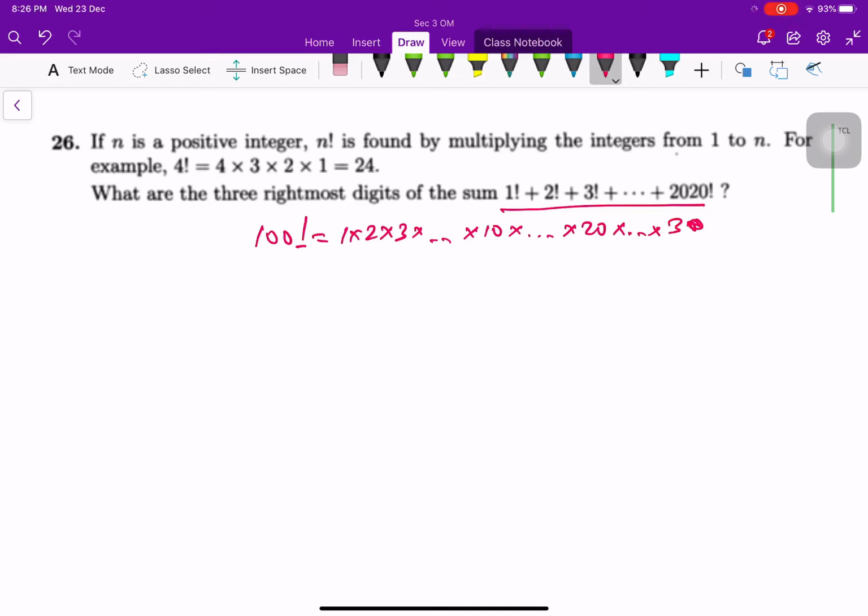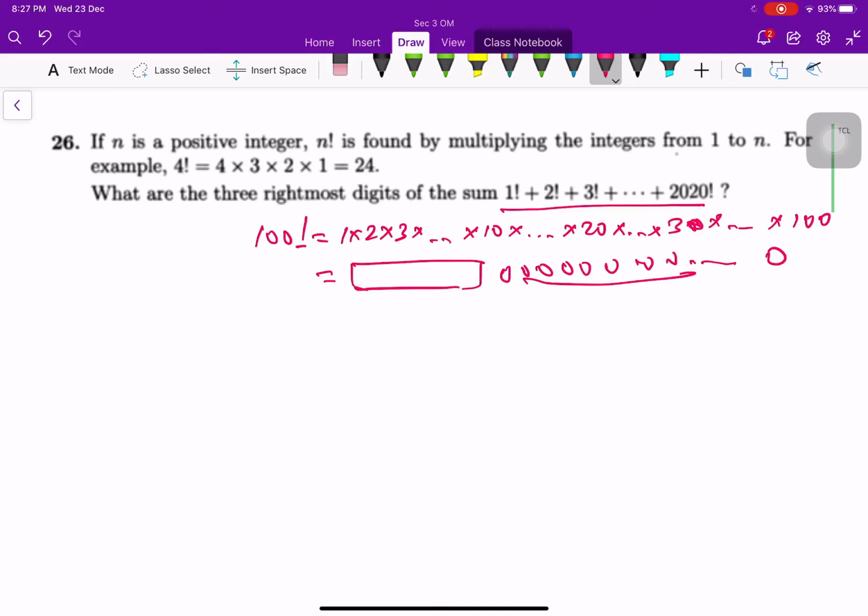And then all the way until you get 100. Therefore, I would say that it is a number with many zeros behind. Many zeros behind. Agree or not?